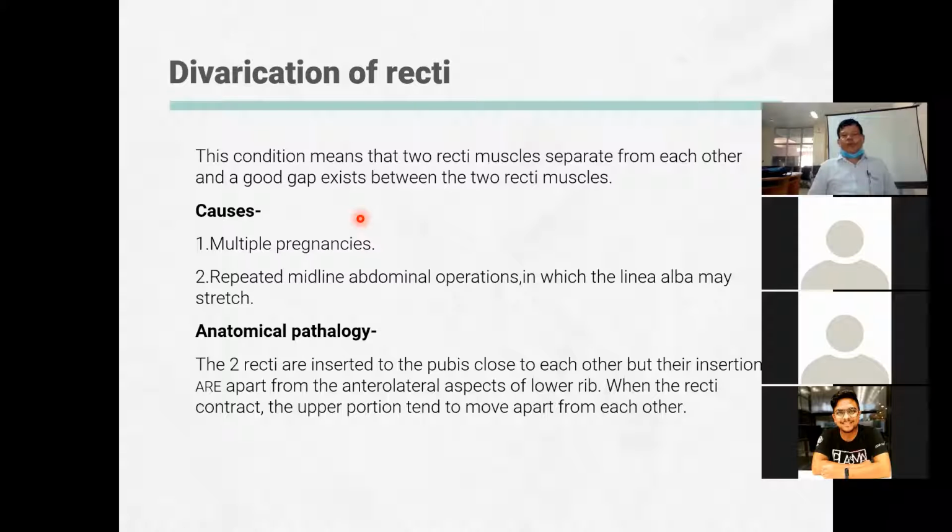The anatomical pathology of divarication of recti: usually there are two recti muscles in the anterior wall, on both sides of the midline.